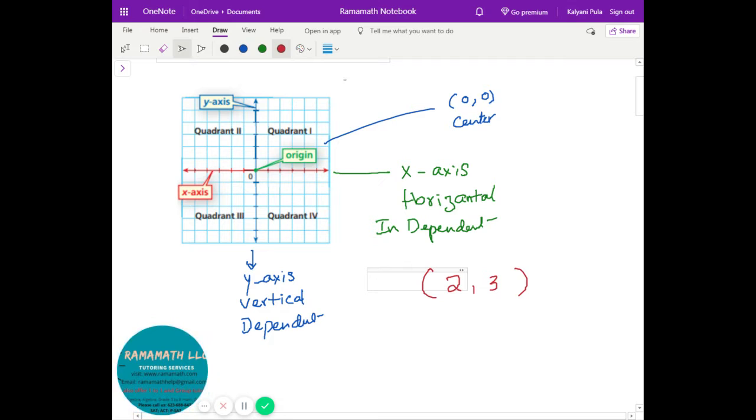This one is x, so this is the x coordinate, and this is the y coordinate. When you plot these points, always plot x first and then the y coordinate. Remember this, these basic notes are really important.